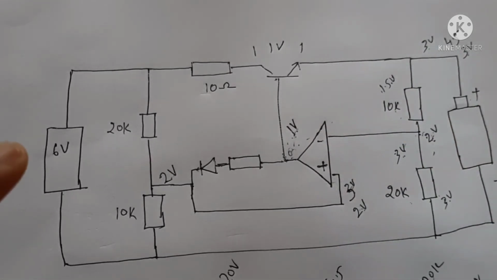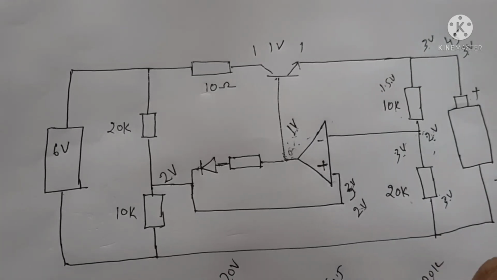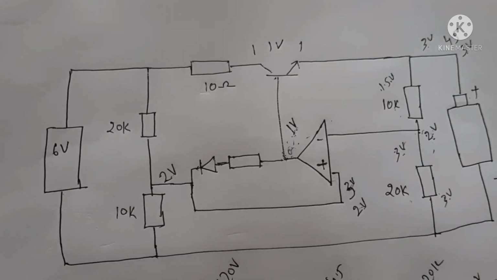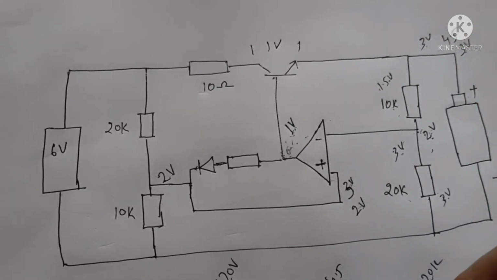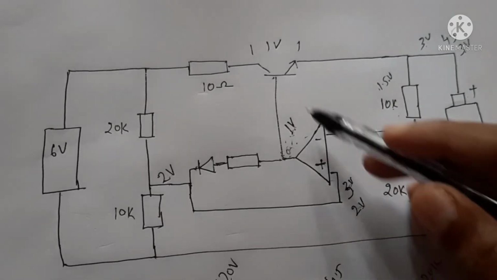So by using this circuit, the battery is charged only when it falls below 3 volts and cut off when the battery voltage reaches 4.5 volt. In between these voltages, the transistor is not turned on and the battery will not be charged.